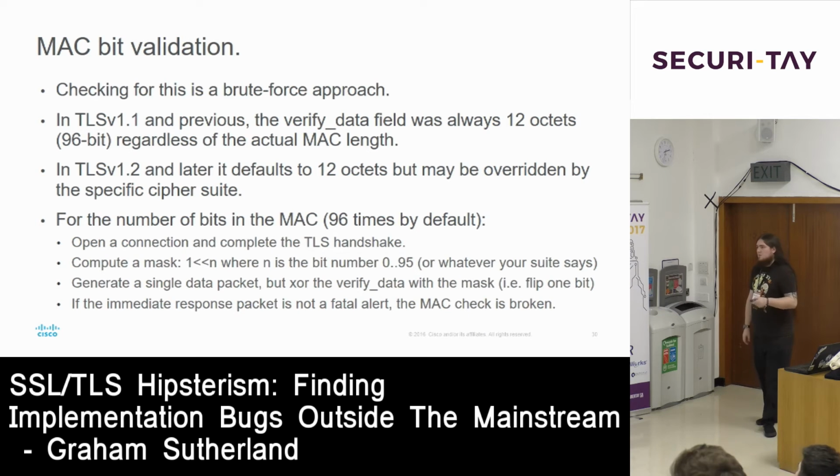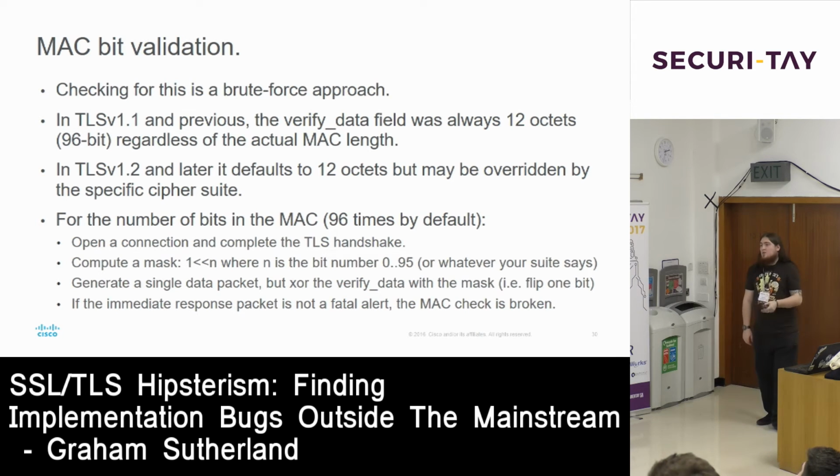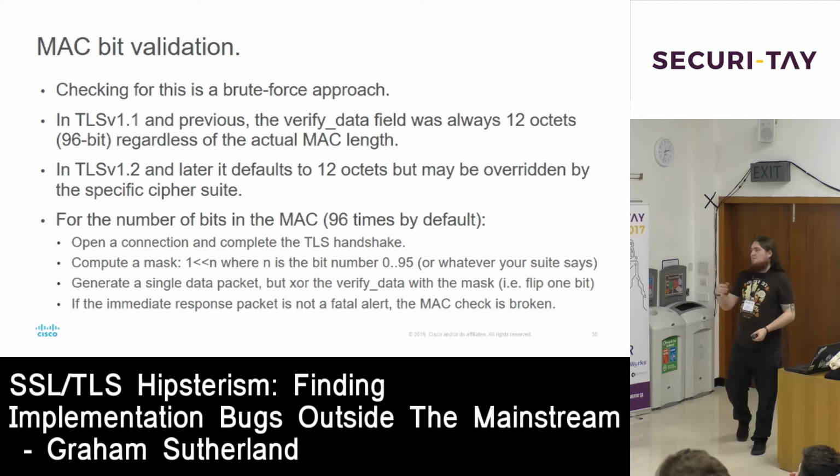So for each of the number of bits in the MAC, so let's say 96 for default, you open a connection and you complete the TLS handshake. And then what you do is you compute a mask, so a bitwise mask value of 1 shifted left by whatever bit number you're currently on.